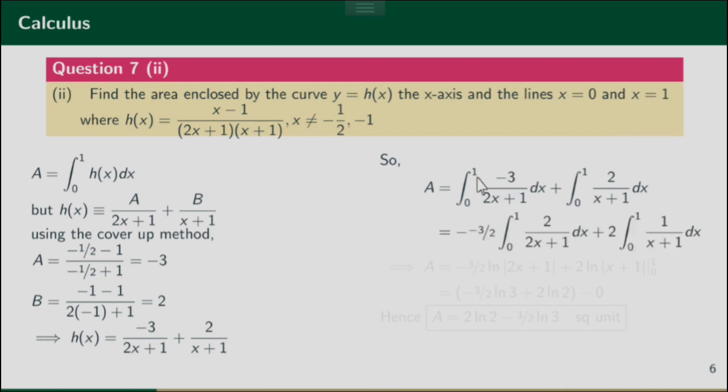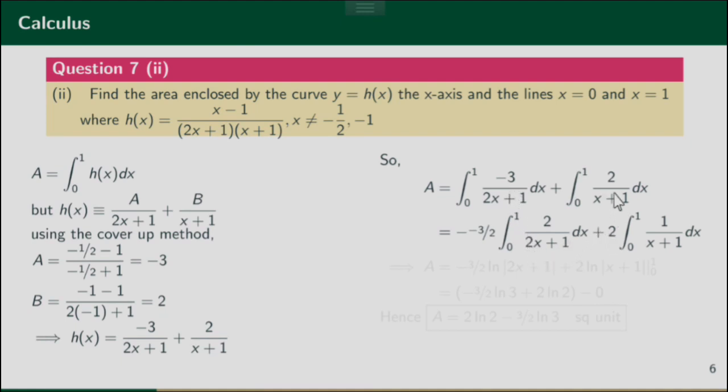I can bring out this value, I divide by 2, and then I multiply by 2, so that when I differentiate 2x plus 1, I obtain 2. But I haven't changed the question because this 2 cancels out with this 2, and I come back to the same thing. I am just trying to adjust it in a way that I can have the integral easily.